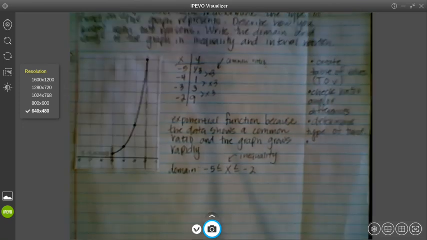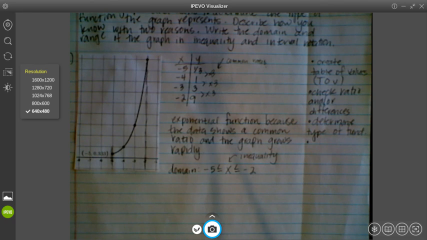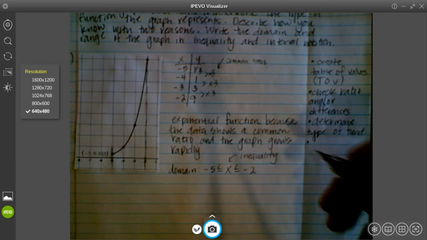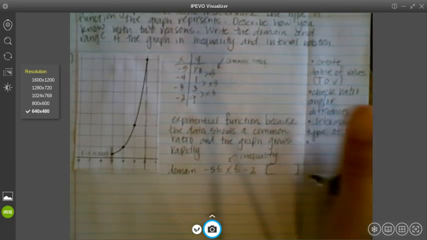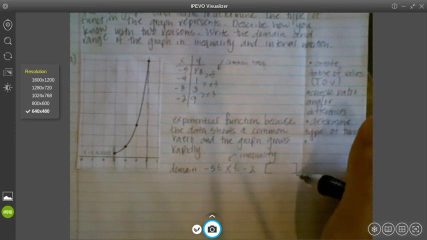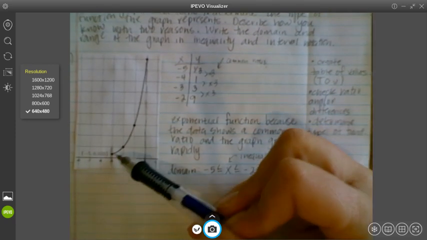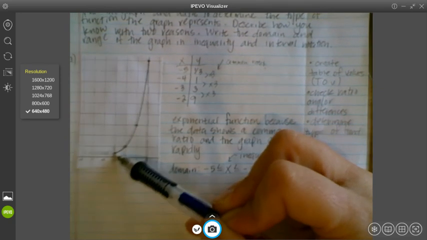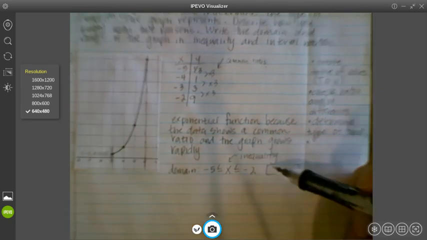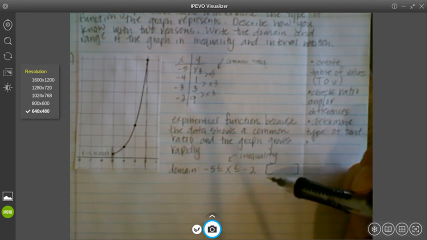I've also asked for you guys to write it in interval notation. And when we write our domain and range in interval notation, we're going to use the same numbers that we have here in inequality notation, but we're going to use brackets instead of the inequality. So we use the brackets that look like this. Now, these are what we call closed brackets because our graph exists at -5. There is a point at -5. So the brackets include that value.